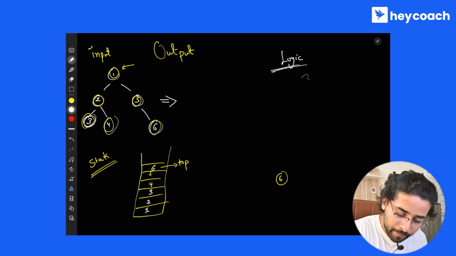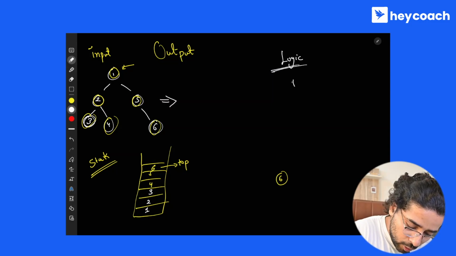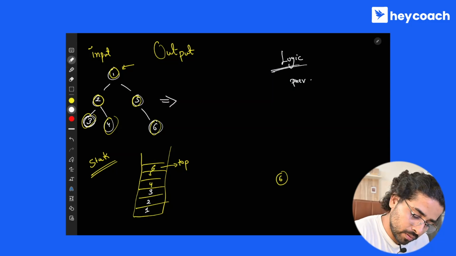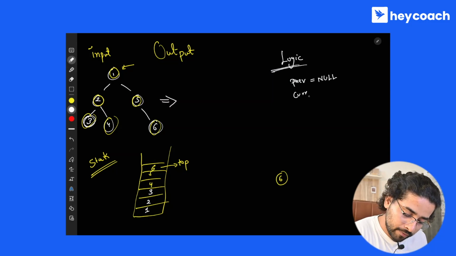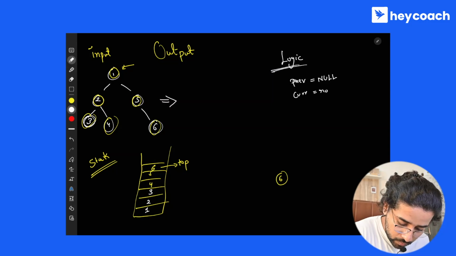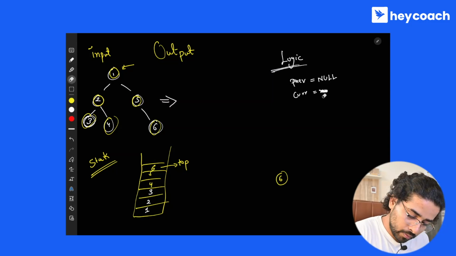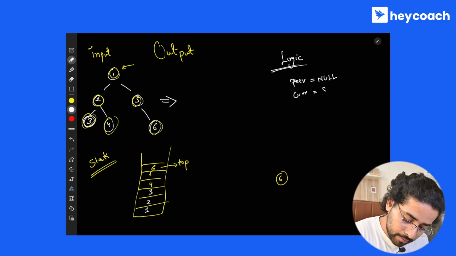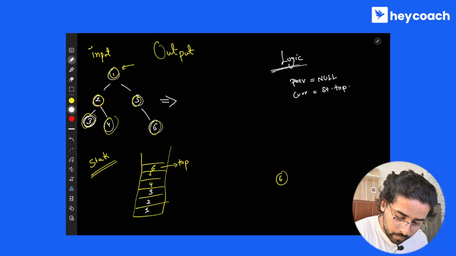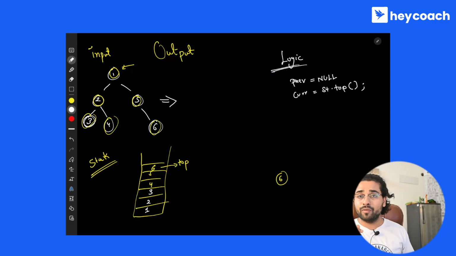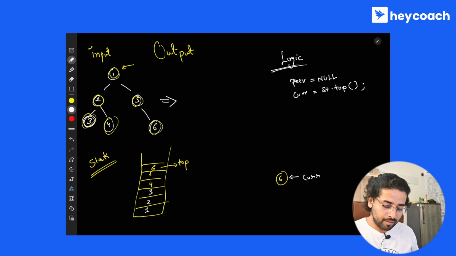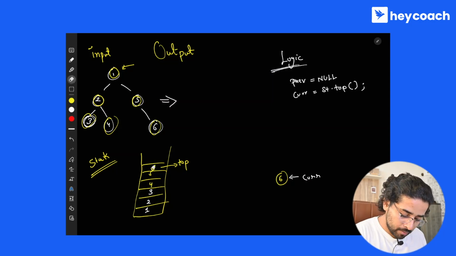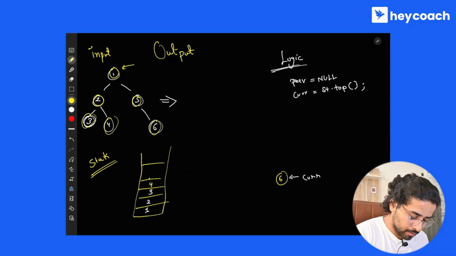Now maintain previous, which is equal to null, and current. Current is equal to the stack's top. We maintain these two values, the current value is here, and we pop these values from the stack.